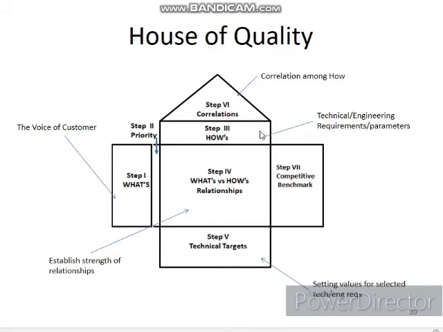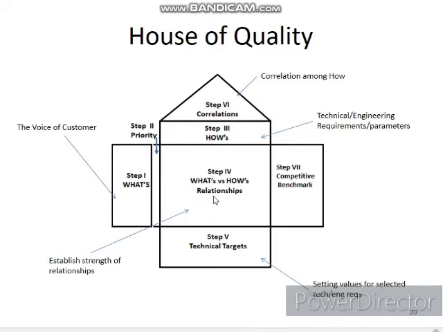This is the voice of the engineers or designers. So once these design parameters have been specified, we move to the fourth step.